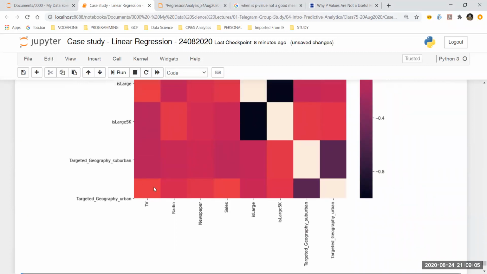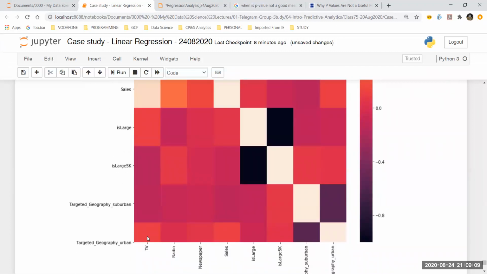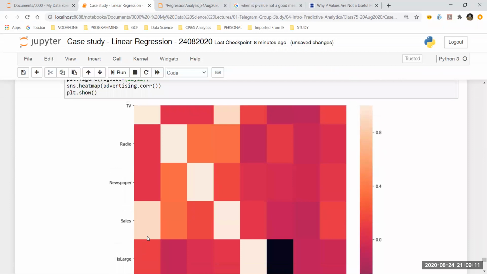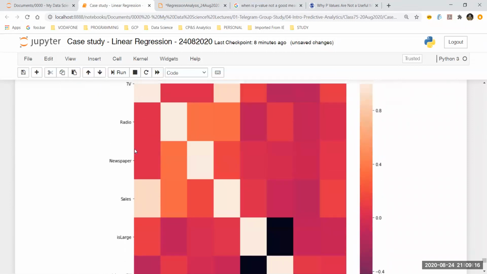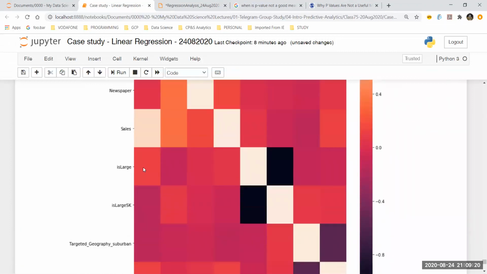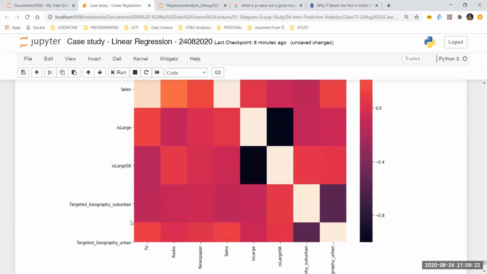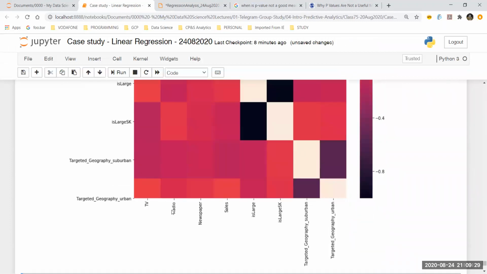Targeted geography R1 has a good color relationship. It's not that bad, but it can be considered. It's in the middle portion, not really white. TV has a good relationship with sales. That's really good. But look at this pink portion. Is that really good? It's okay. It's not bad.